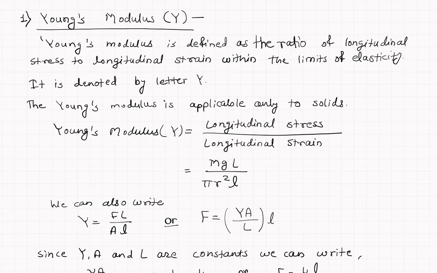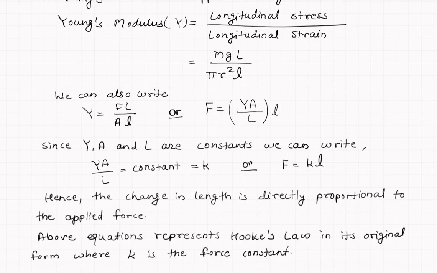Since Y, A and capital L are constants, we can write YA divided by L is equal to a constant, which is called K, or F is equal to K into l. Hence, the change in length is directly proportional to the applied force. The above equation represents Hooke's law in its original form, where K is the force constant.